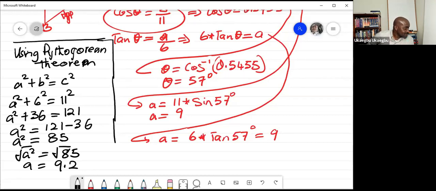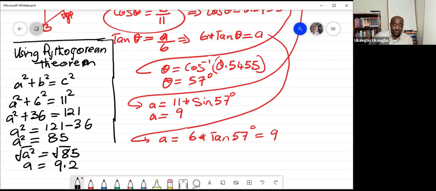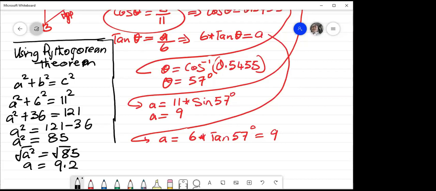All right. So is there any other example you think we should do on trig ratio before we go into something else? Or if you have any question. We could do one more example.